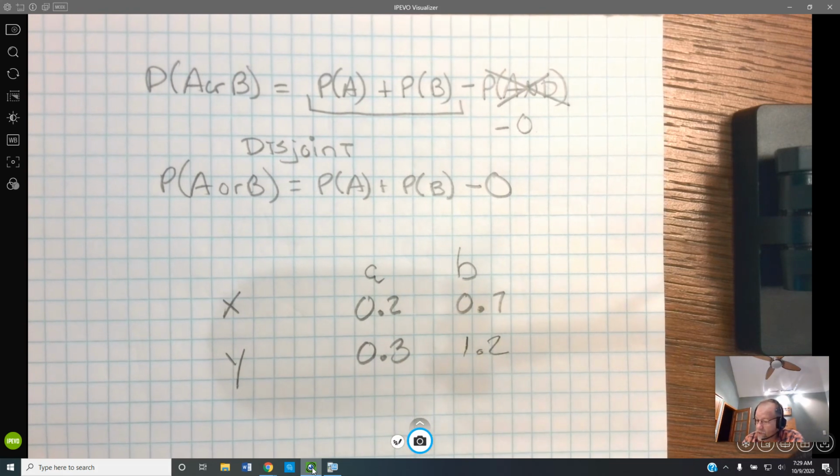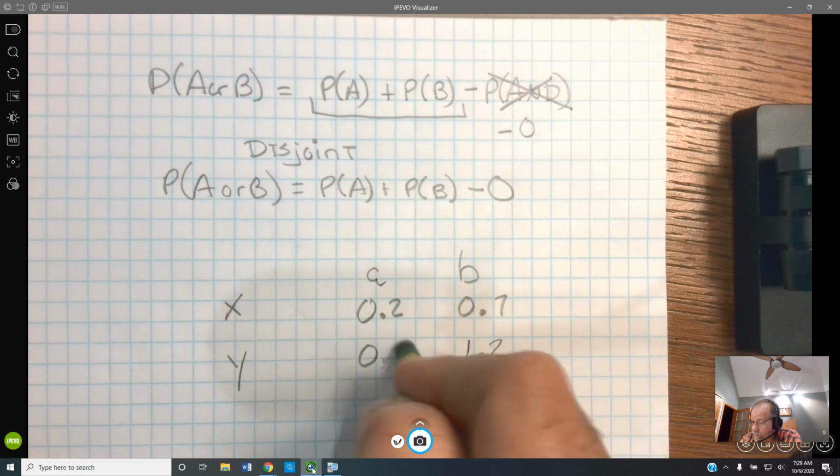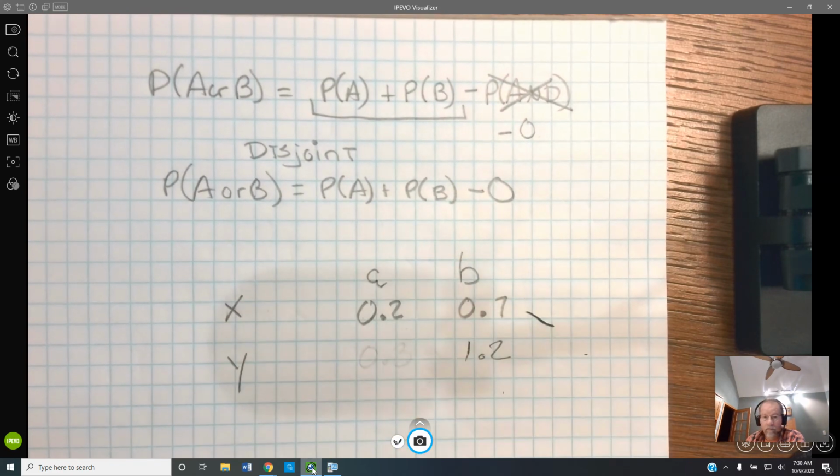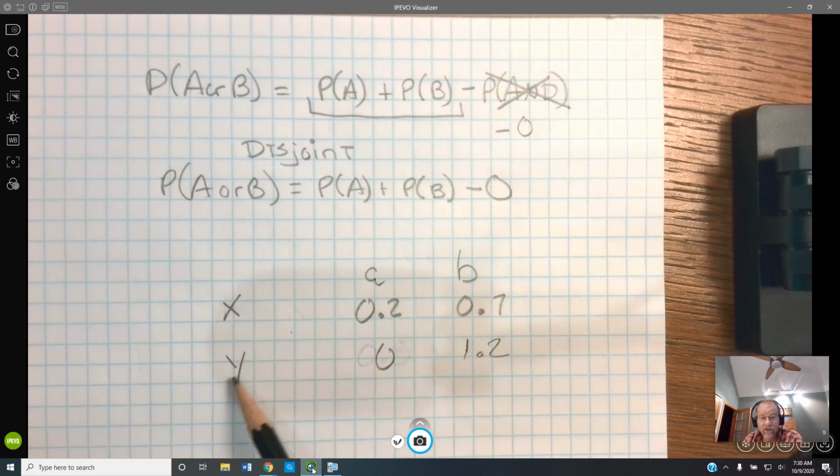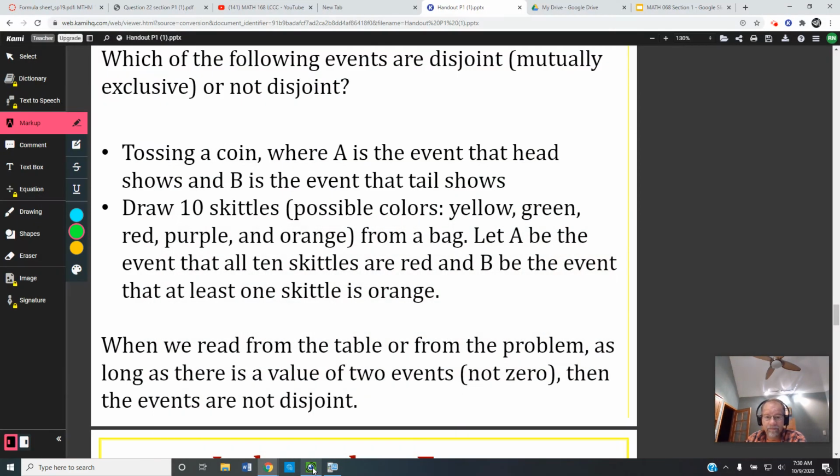However, if I change one of these, now I have disjointness. I have disjointness between Y and A. Y and A are mutually exclusive because at their AND intersection they have no value at all. This is how we would find disjoint from a table.